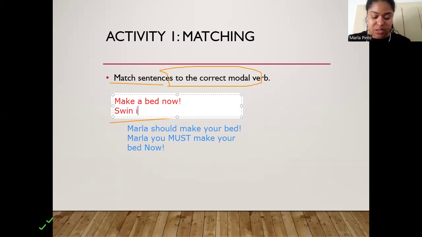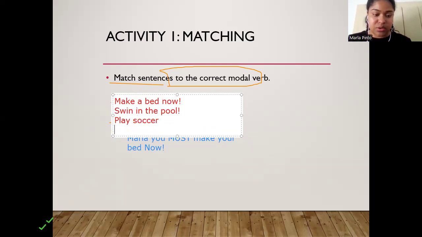Swim in the pool. Play soccer. Play soccer. And ride a bike.